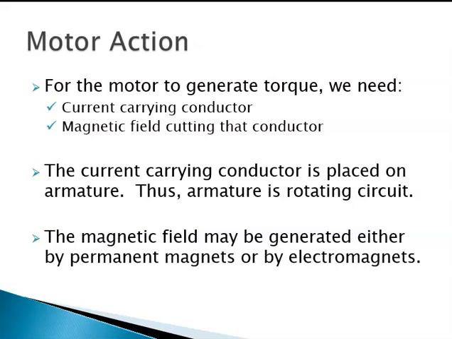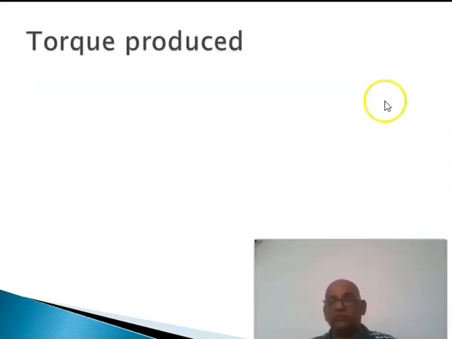So we say that the armature is a rotating circuit, and the magnetic field may be generated either by permanent magnets or by electromagnets. Typically these are placed on the non-moving part of the motor, which we call the stator. So these magnets are placed in the stator.